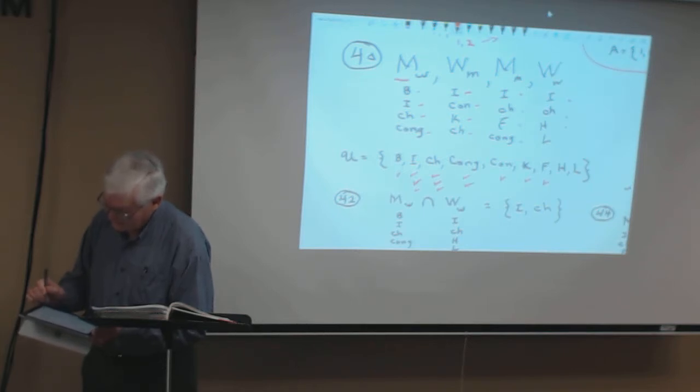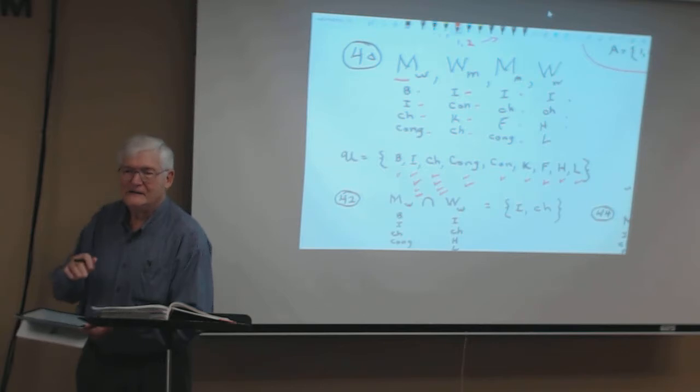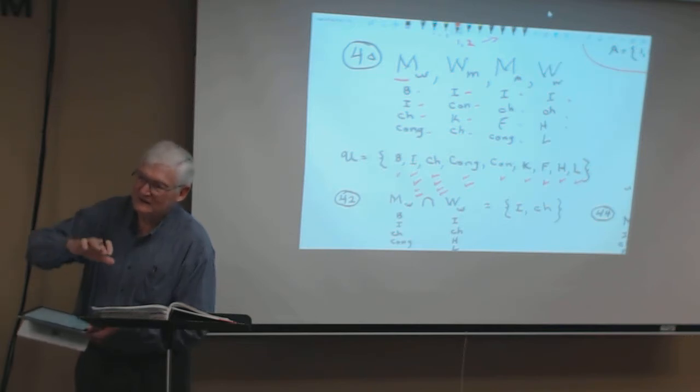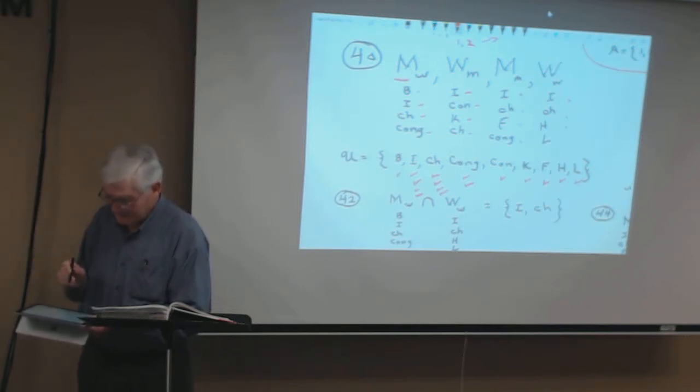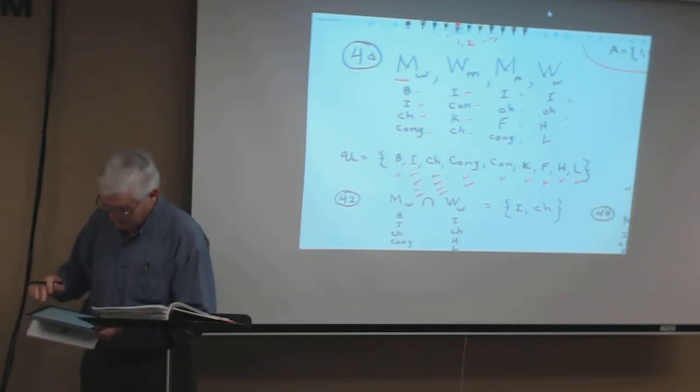Then I go to the last one and I already have I and CH and I add H and L. You see the process you think through methodically? Some people say logically, but systematically, instead of just bouncing all over the place, just kind of work your way through it systematically and you'll find the universe rather quickly.